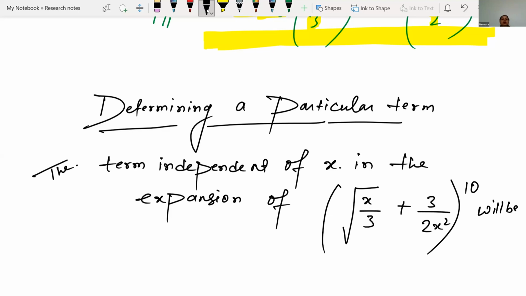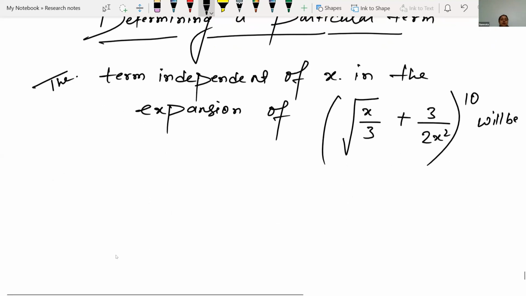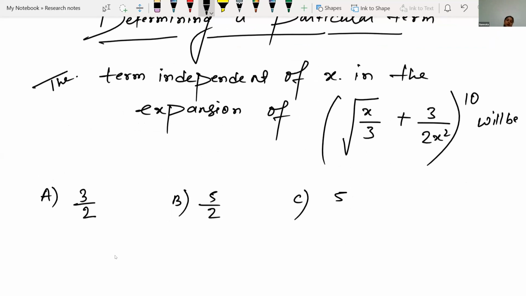We are going to take the questions directly, because the formulas you have just learned we will be using over here as well. Which term will be independent of x? That means there will be no x, or the power of x will be 0. Option A is 3 by 2, B is 5 by 2, C is 5 by 4, and D is none of these.